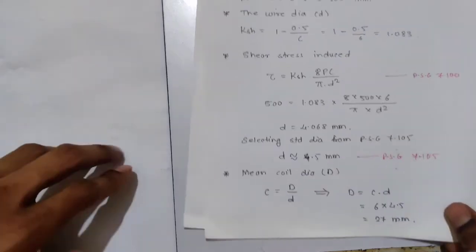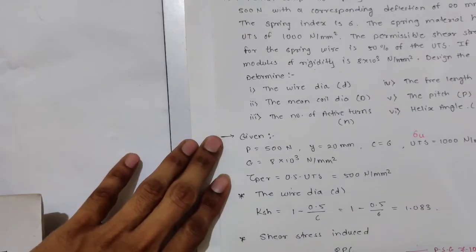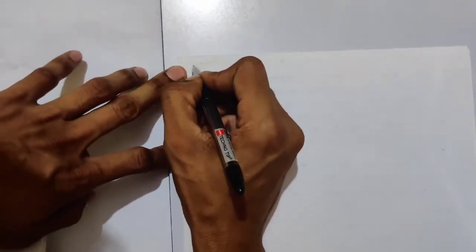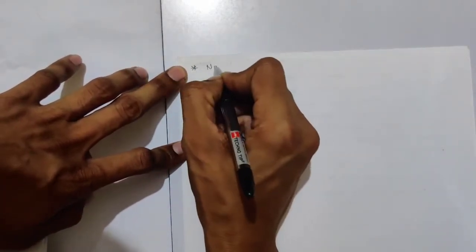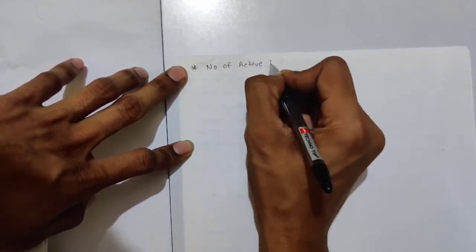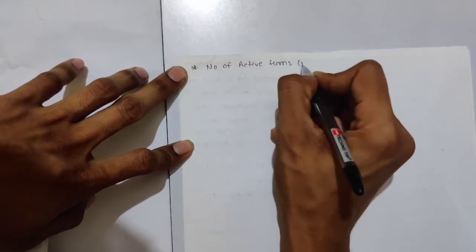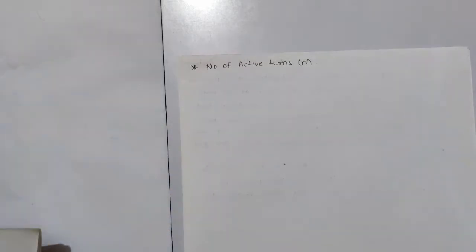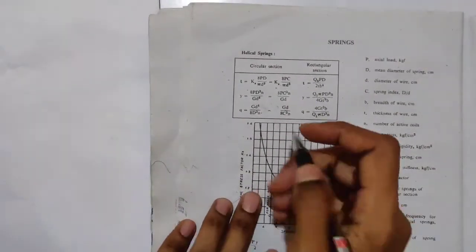So now we will move to the next, that is the number of active turns. We have one more formula on PSG 7.100, this deflection formula.